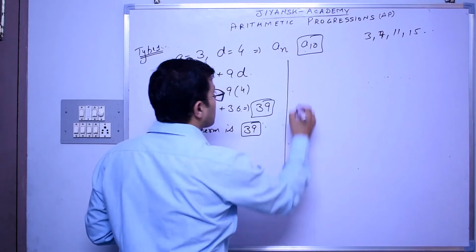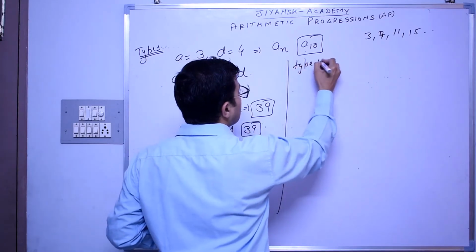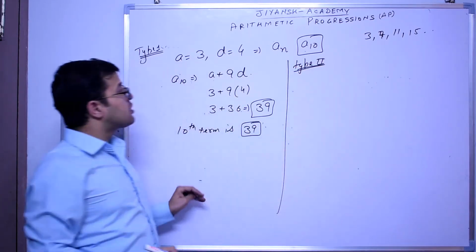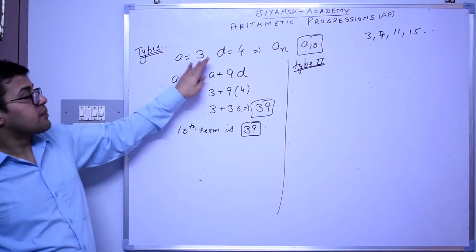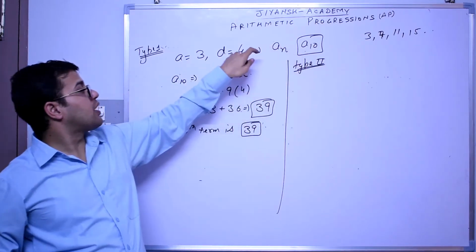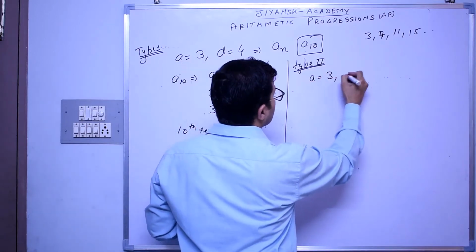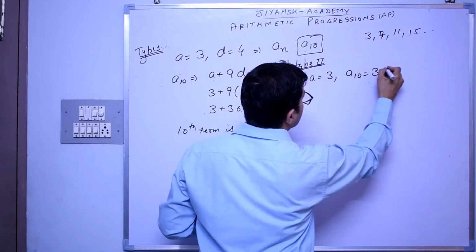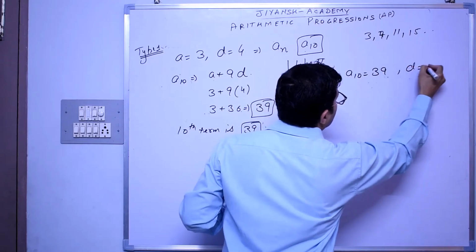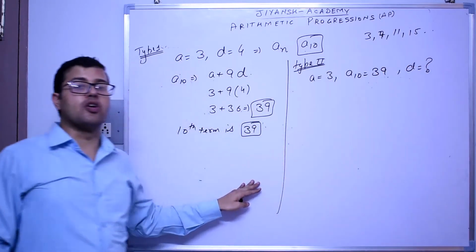Now type 2, in which let's say A is given, AN is given, but I have to find out the D. Let's say A is 3, A10 is 39, but I am supposed to find out the common difference.